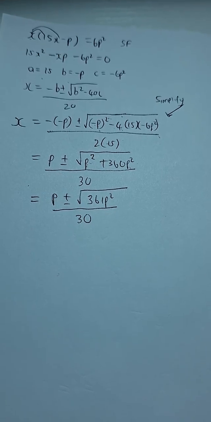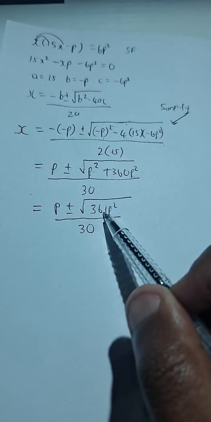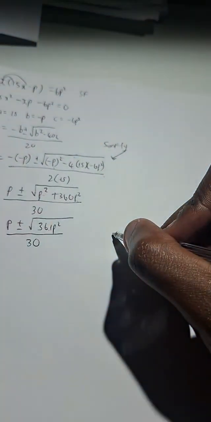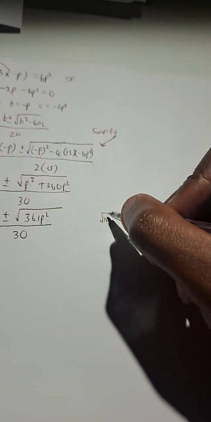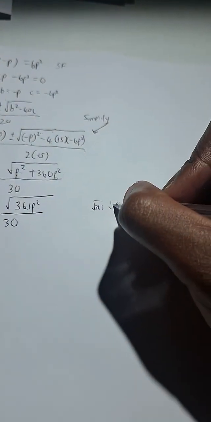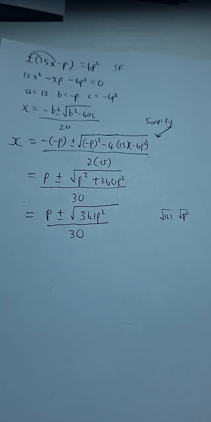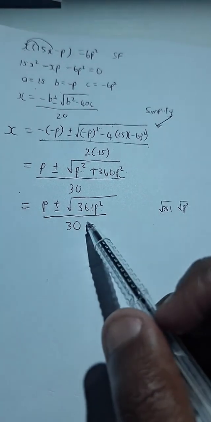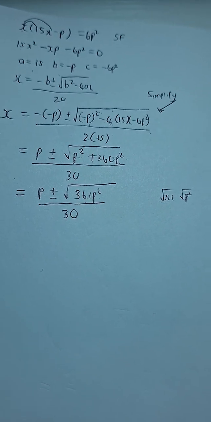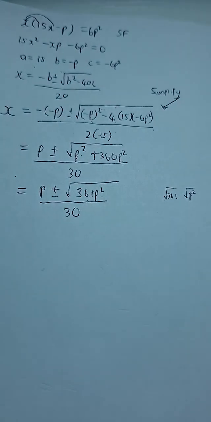Now my question is, with 361 p squared, is 361 a perfect square? Do we get an actual numerical value? Because if we do, then I'd like to find out what the square root of 361 is. Or do we get decimals?